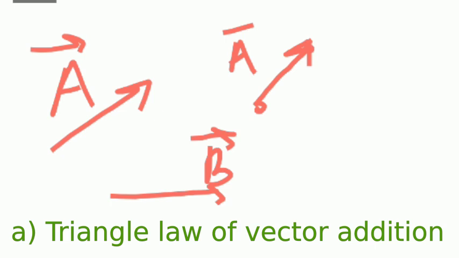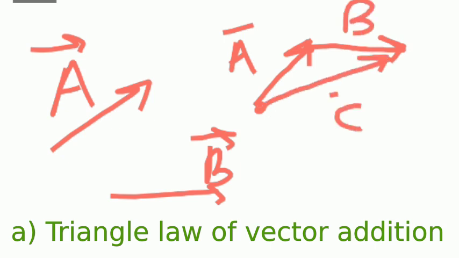Then we put the tail of the second vector at the place of the head of the first vector. So we will place it here. So this will become b bar, and we will connect this and we will get the vector c, which is called the resultant. So when we add a plus b, we will get the resultant c bar.